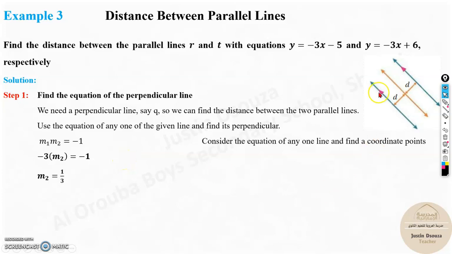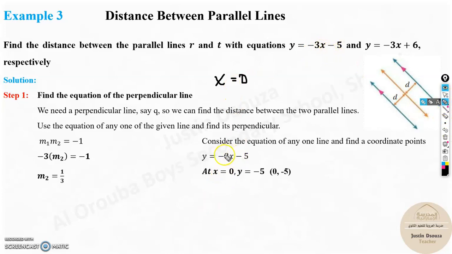Now you need to consider any one of the equations. We have considered the first equation. Now let us find any coordinate. The easiest of all coordinates is to assume x to be 0. What is the y value when x is 0?